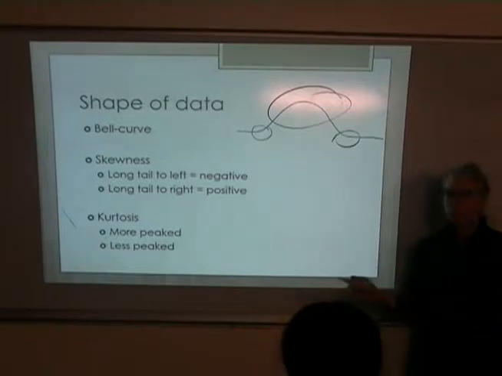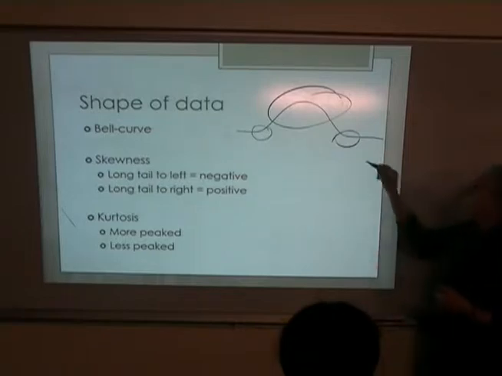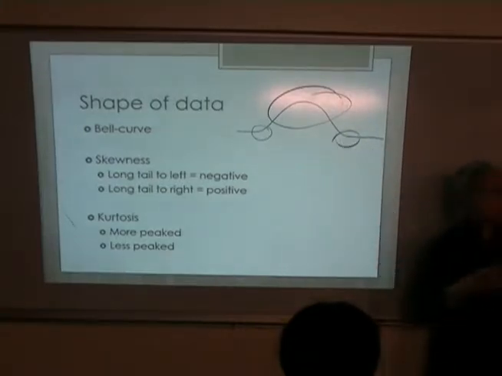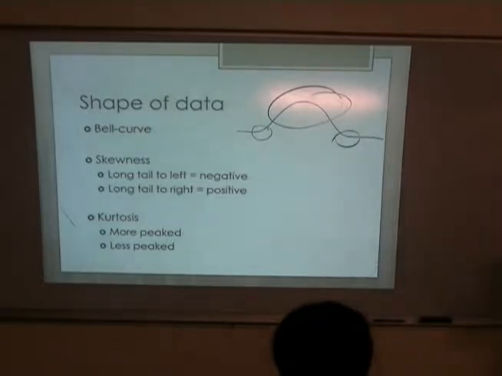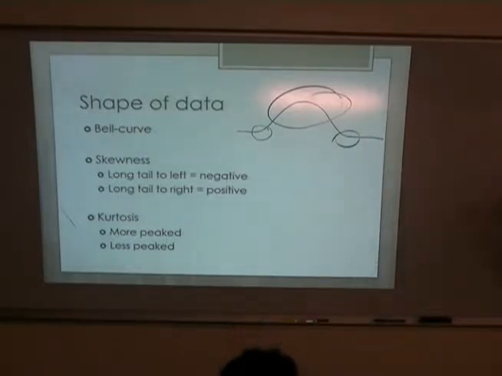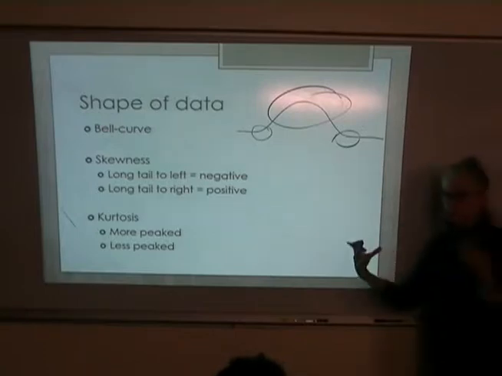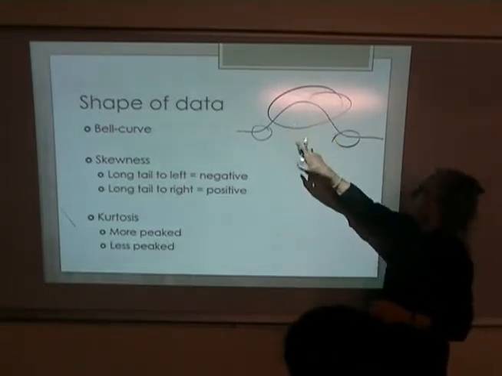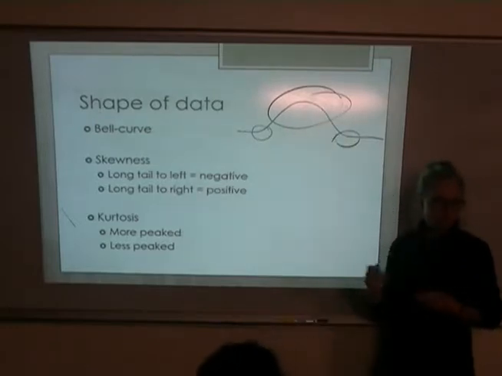That's how genetics work, that's how everything works, really. So this is the typical picture if I have a large enough population and they're relatively well balanced. So this would be normal data.